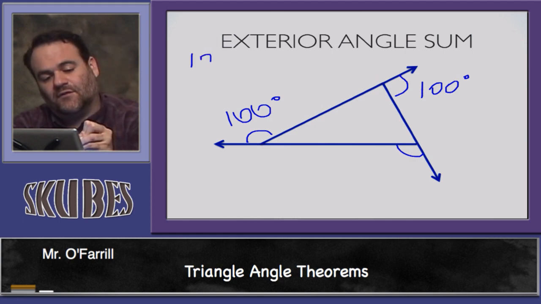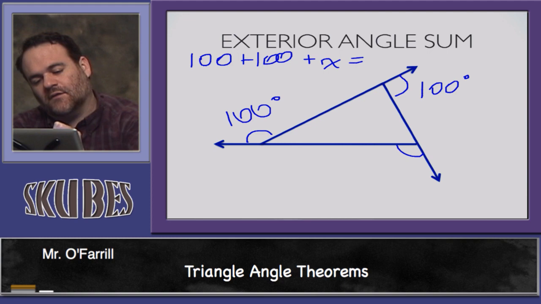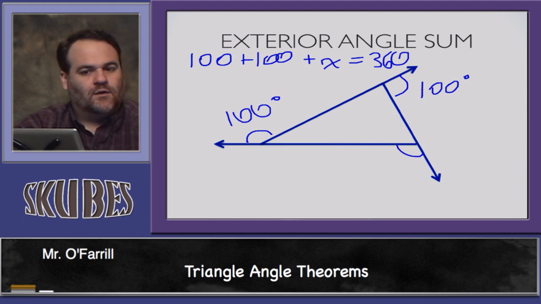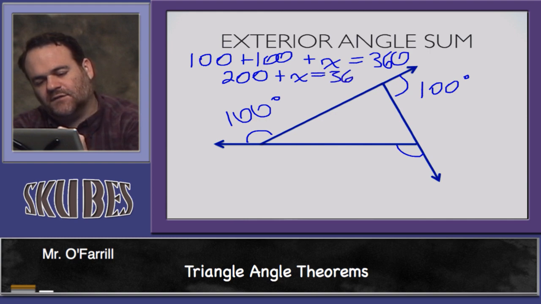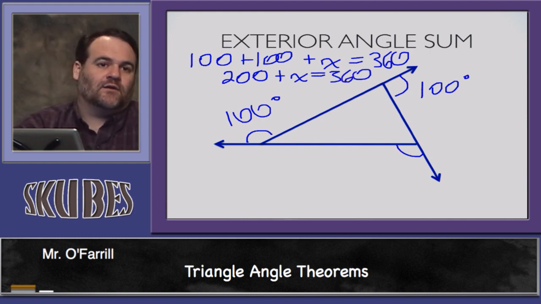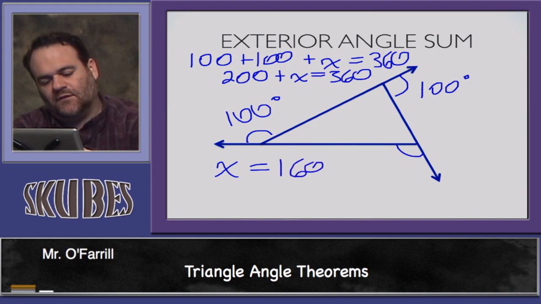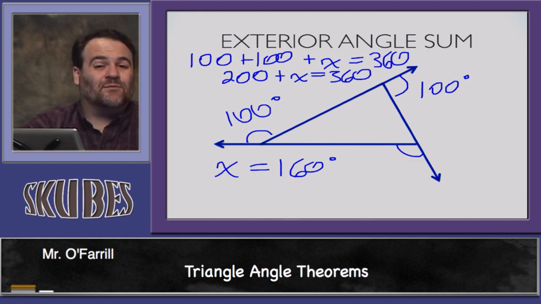The only difference is that the sum, instead of being 180, is 360. 100 and 100, that's 200 plus x equals 360. Subtract 200 from either side, and we find that x equals 160 degrees. Pretty simple and very similar to the last one.